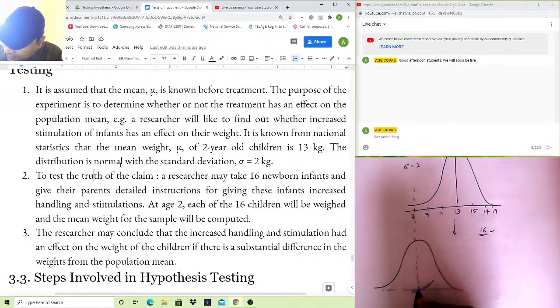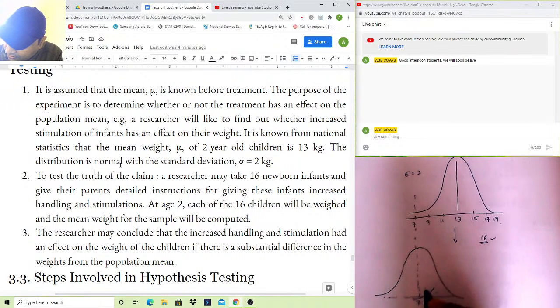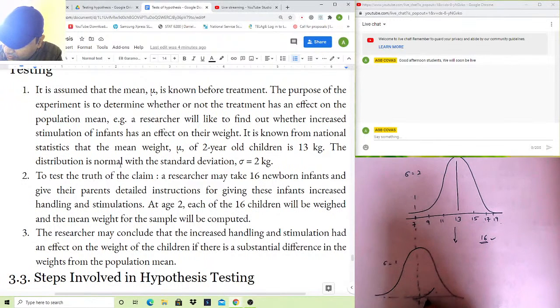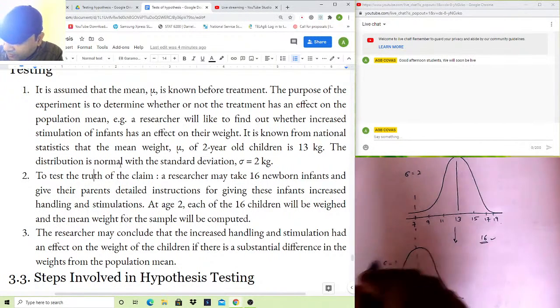And it has a standard deviation of, say, sigma equal to 1, right? So it will be 8, 9, and at 3 standard deviations 10, and on this side 6, 5, and 4. From 4 to 10 kg, this sample was.